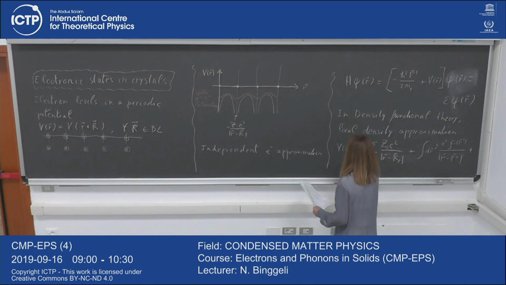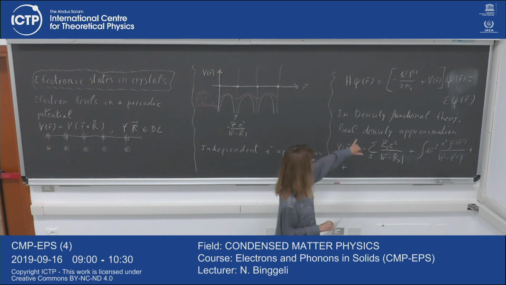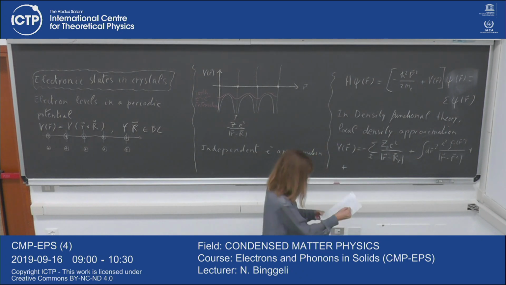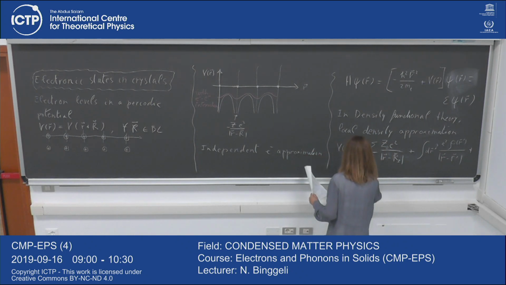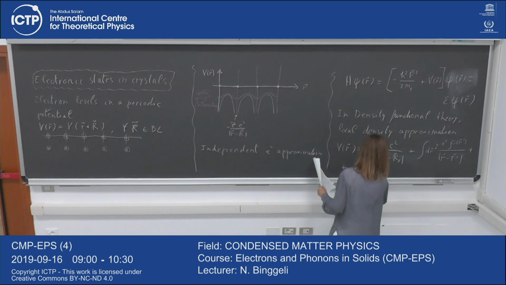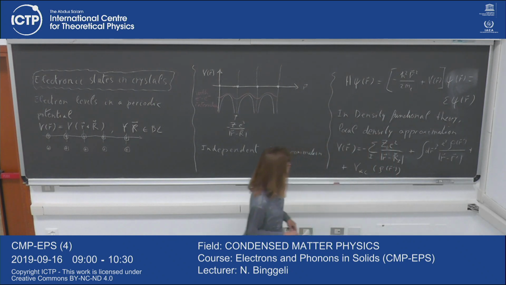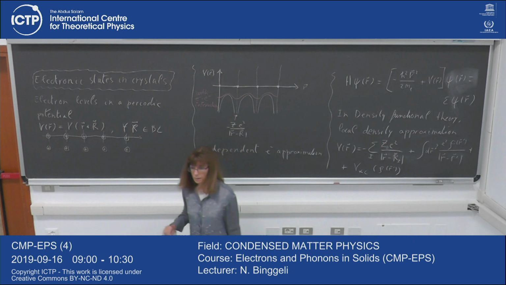And then in the local density approximation, the remaining part that includes everything that has not been put in this electrostatic part is called the exchange correlation potential, Vxc, and it depends on this electronic charge density rho of R locally.